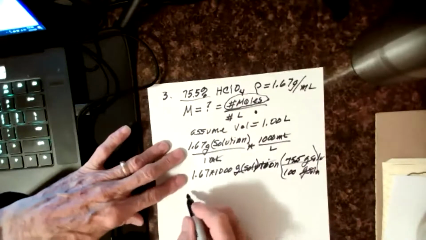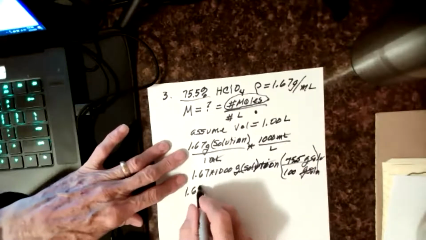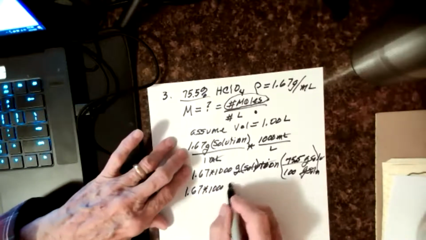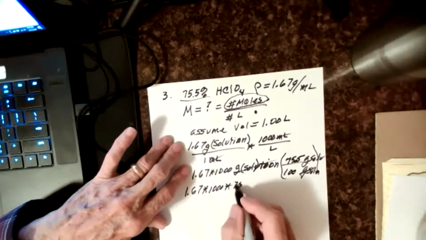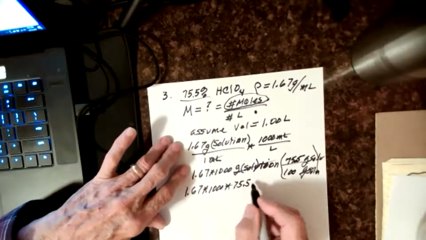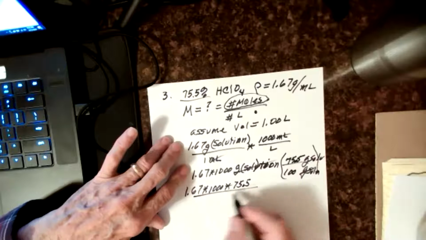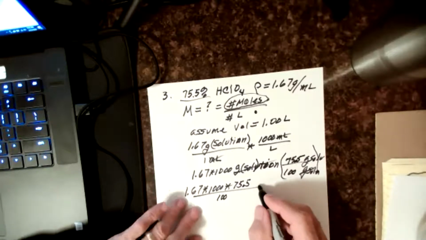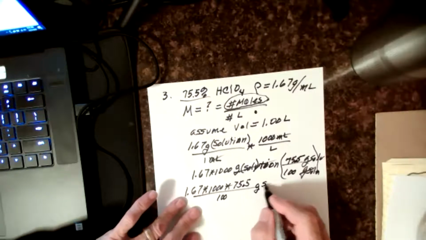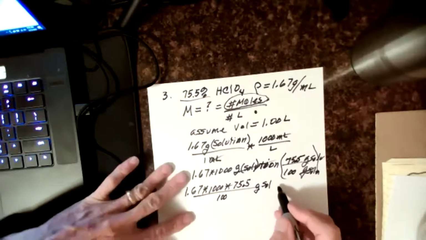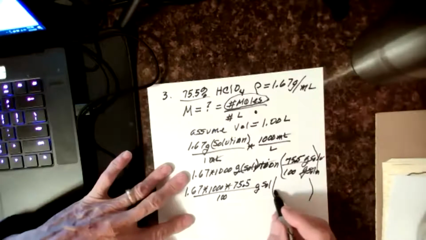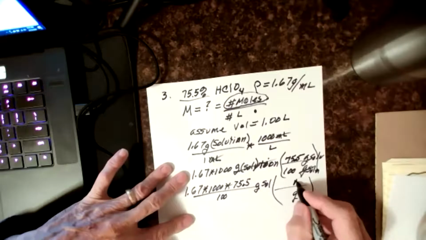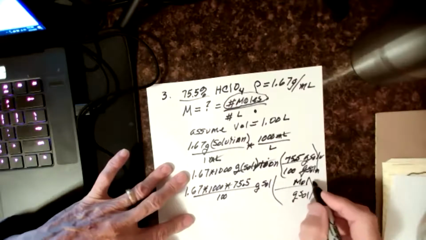So at this stage now, I've got 1.67 times 1,000 times 75.5 divided by 100. And now I've got grams of the solute. Now I want to convert from grams of solute to moles of the solute.